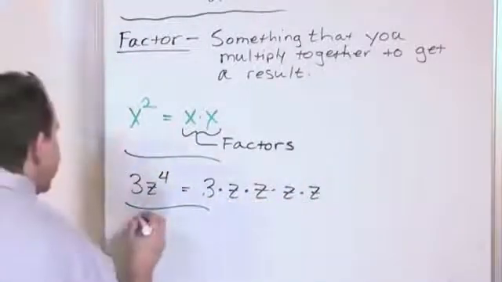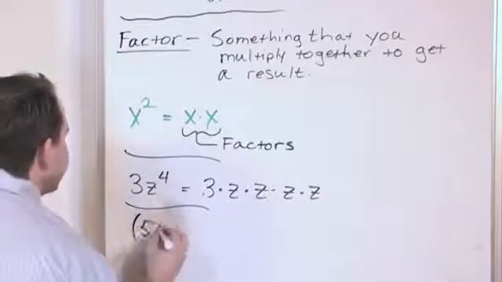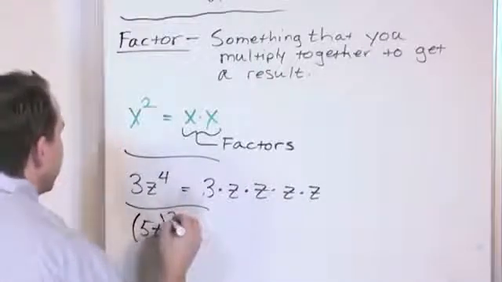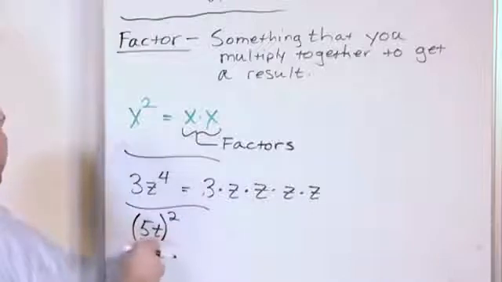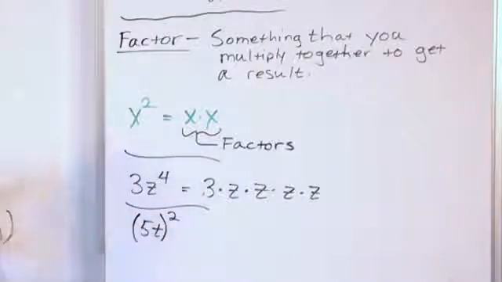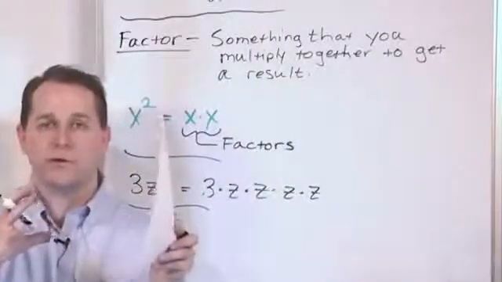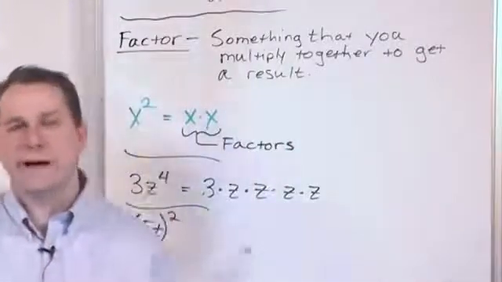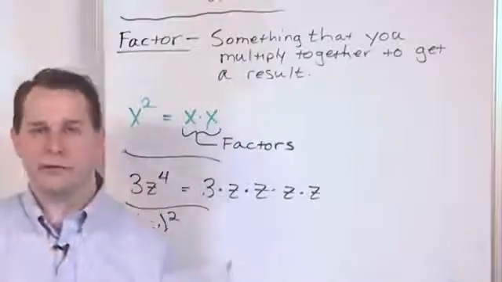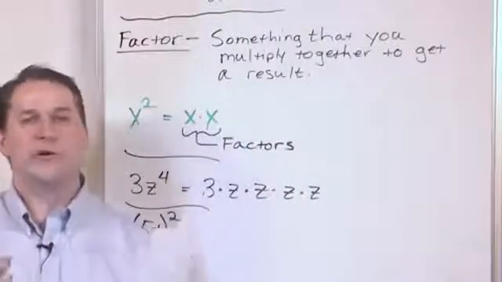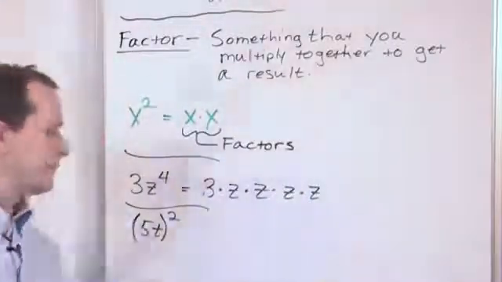Now, what if I had, open parentheses, 5 times t, squared? When I write two things next to one another, like 5 and t with nothing in between, it always means multiplication. In algebra, you've got to get used to the fact that you're not always going to see multiplication symbols everywhere. If things are sitting next to each other, you just need to assume that they're multiplied together.